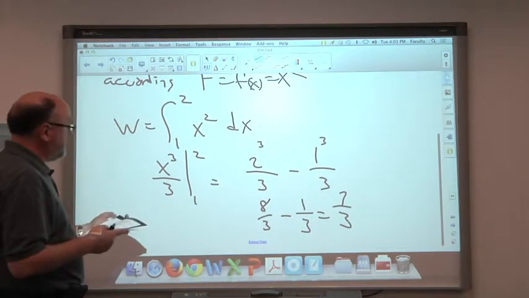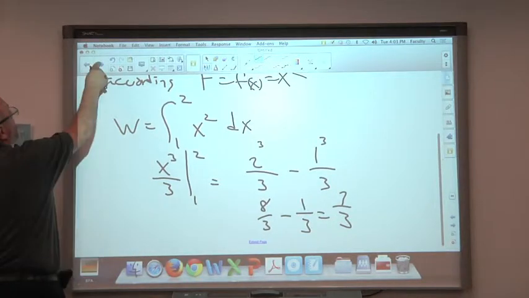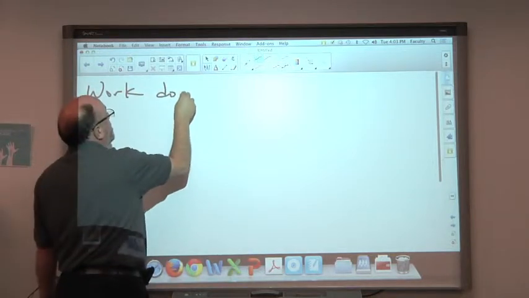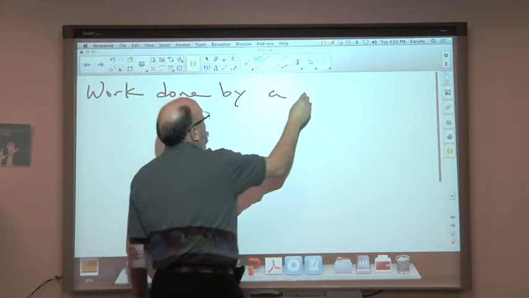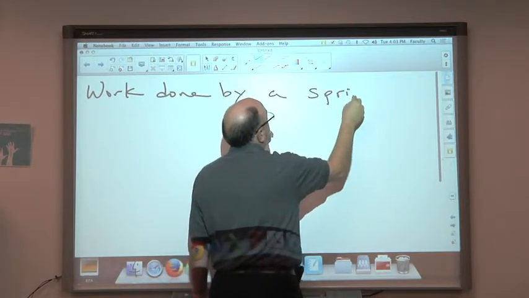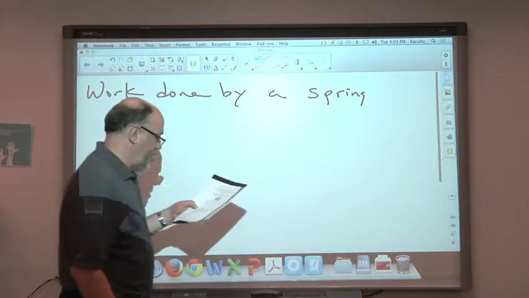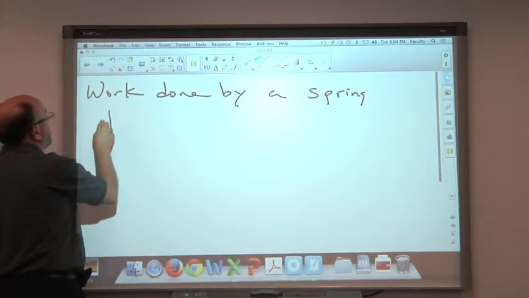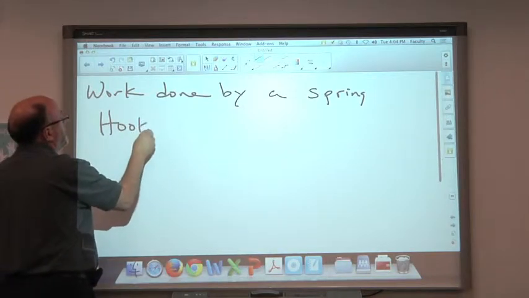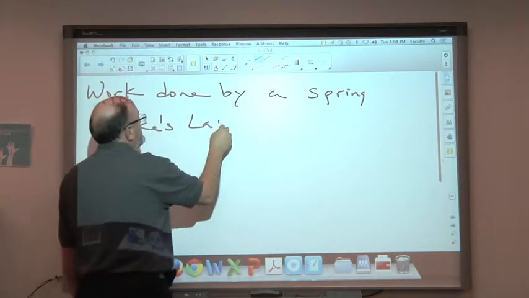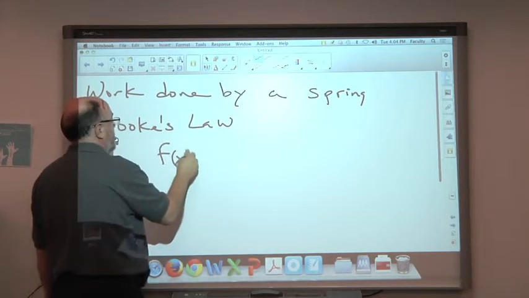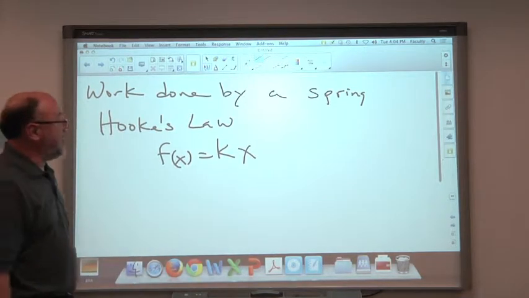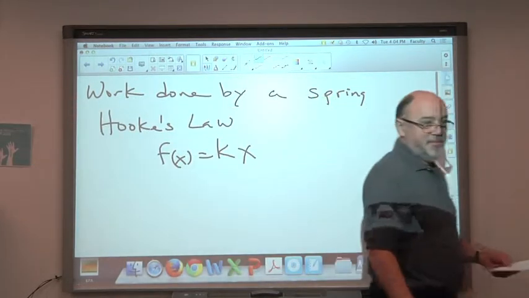Another example of this deals with work done by a spring. For this, we're going to have to make use of Hooke's law, which says that f of x is given by k times x, and k is the spring constant.